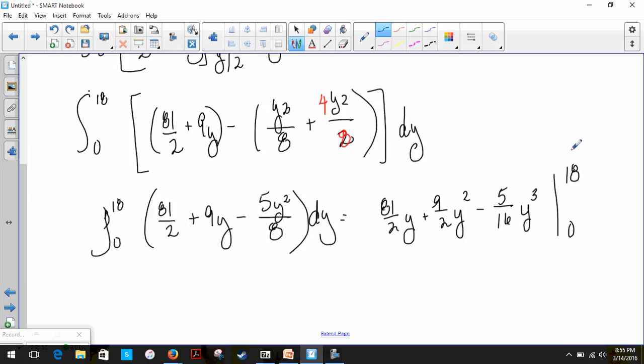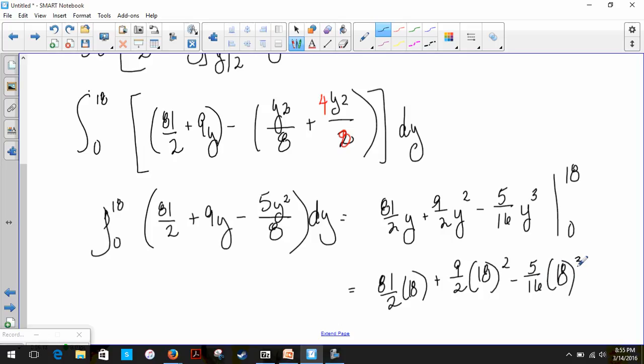Love 0 because we don't really even have to bother with that. We'll just have to patiently plug this in. 81 over 2 times 18 plus 9 over 2 times 18 squared minus 5/16 times 18 cubed. And I will spare you the time of plugging this in, and you will get out a number. Let's pause it so you don't have to watch that.